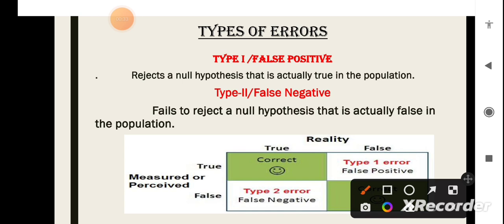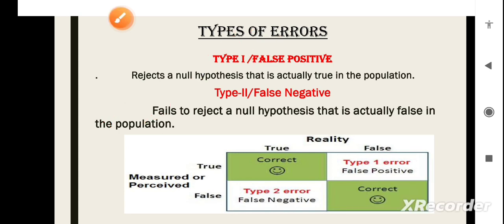We have just learned that the test of hypothesis deals with the acceptance or rejection of the null hypothesis only, and it is the alternate hypothesis which contradicts the null hypothesis.